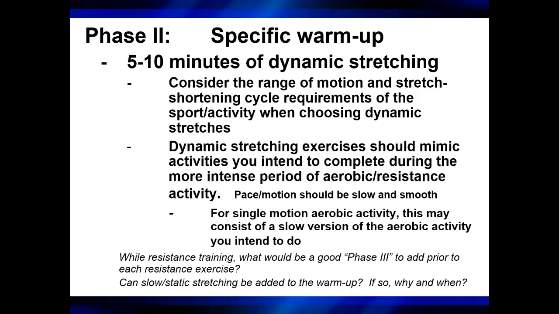You're targeting those stretch shortening cycle requirements, and most importantly, you're targeting those muscles and you're waking them up. And you can see from phase 1 to phase 2, we get more specific. Whereas we are just generally warming up the body in phase 1, phase 2 with dynamic stretching is more of a specific wake-up call for the muscles we are about to use.